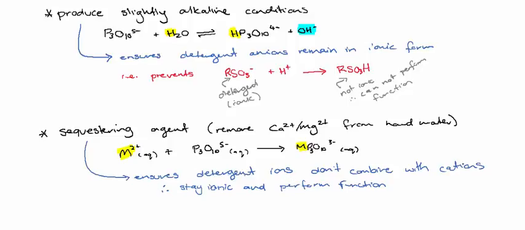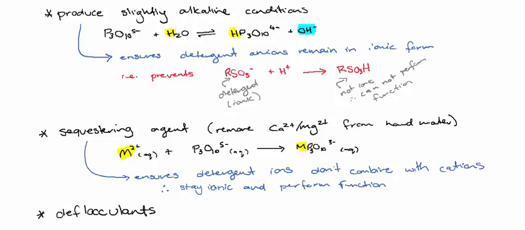Again, if the detergent ions come into contact with those cations, they will form non-ionic compounds. Now, in that situation, that detergent anion then can't go on to perform its cleaning function. So if there's a lower concentration of these metal ions, more of the detergent ions are going to be free to perform their cleaning function.